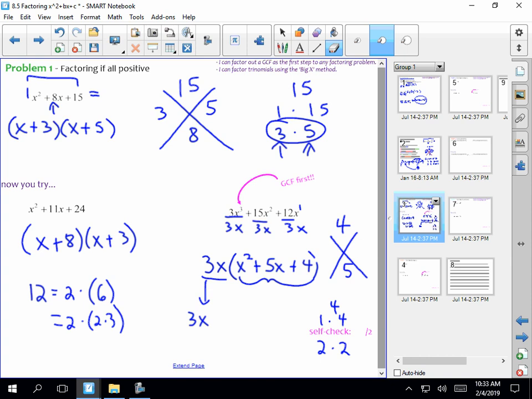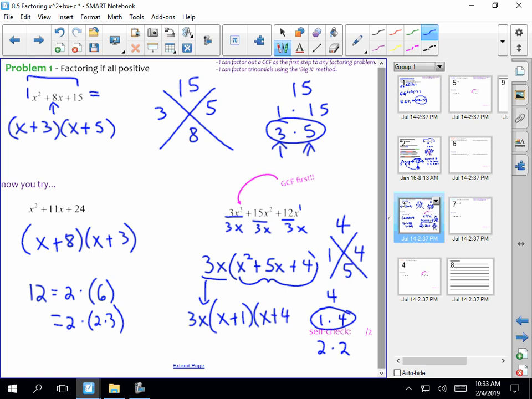Sorry, so the 2 and the 2 do not work. The 1 and the 4 work because they have to add to equal 5. So we're going to use those and write this out as x plus 1, x plus 4.